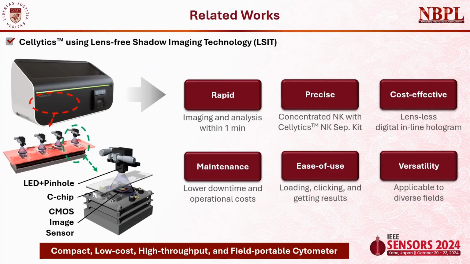Using LSIT, we developed the Cellytics platform. What's remarkable about Cellytics is its small size, low cost, and portability. It's possible to do rapid analysis in under a minute, and it's user-friendly.